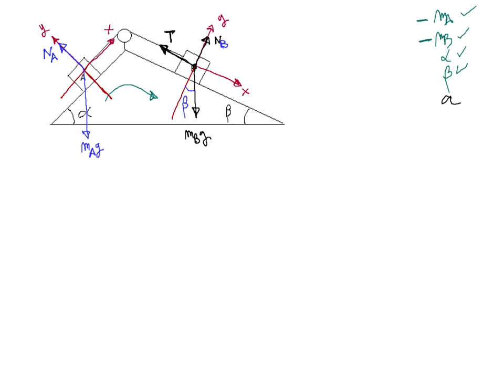And then again, we notice that there's a tension here. This tension is the same as this tension by Newton's third law. Then by property of the pulley, this is the same as this tension. And again, by Newton's third law, this is the same as this force. Hence, this is T.